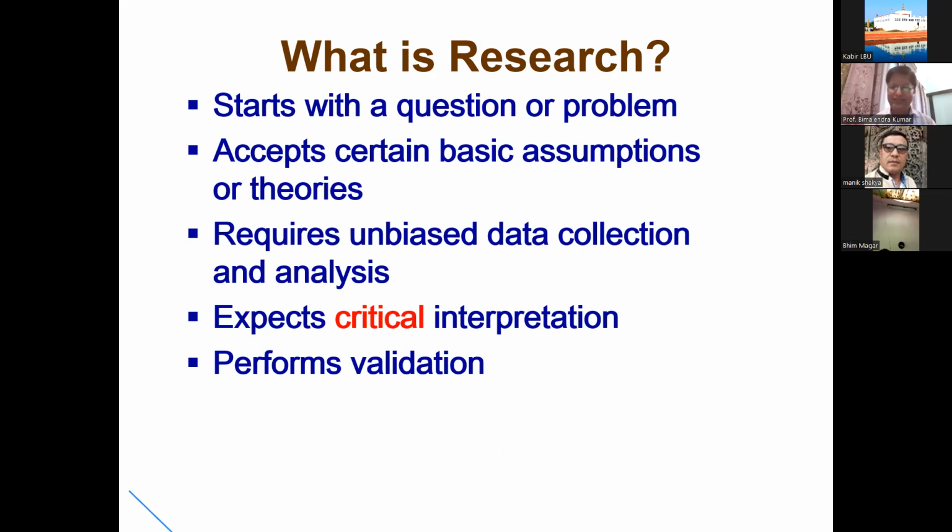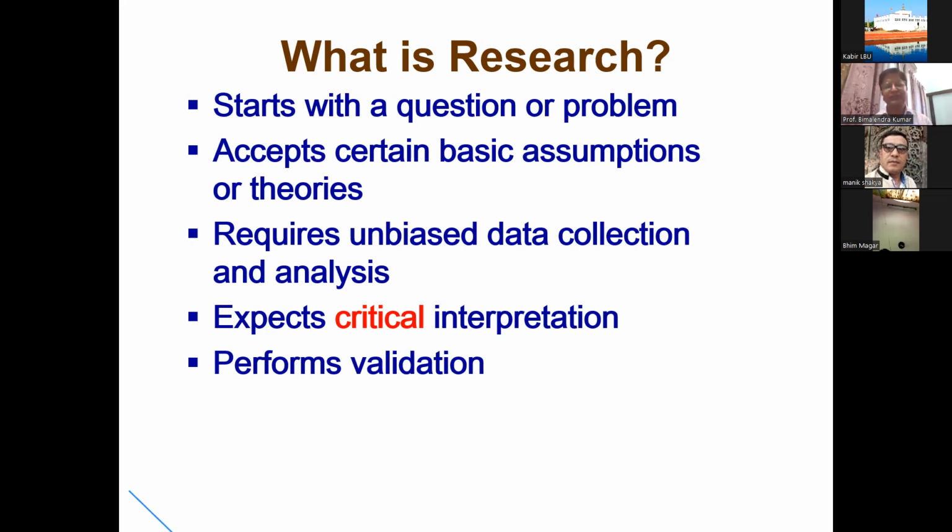This hypothesis is called anuman or parikalpana in Sanskrit. So whenever there is a tentative solution of any research problem, this is called a hypothesis. And this tentative solution of any research problem can be tested by research methods.